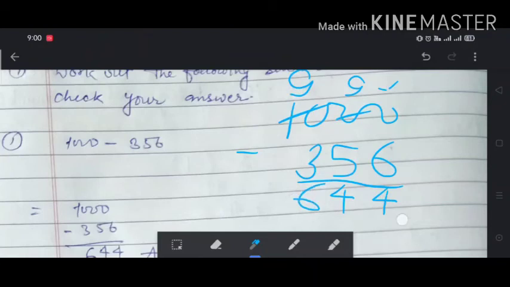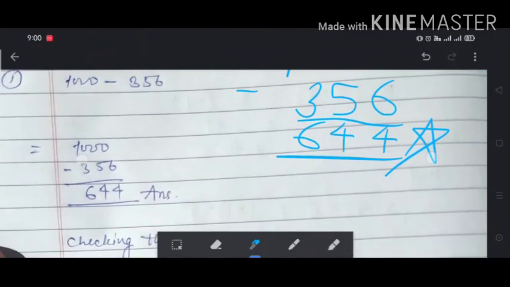Therefore we get the difference as 644. Therefore 644 will be the right answer.